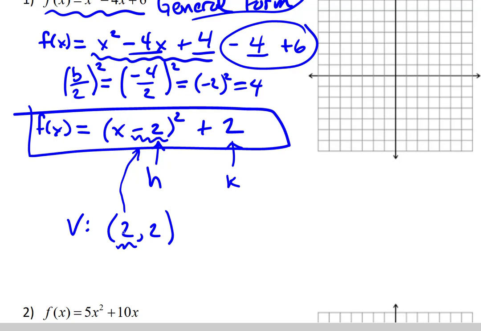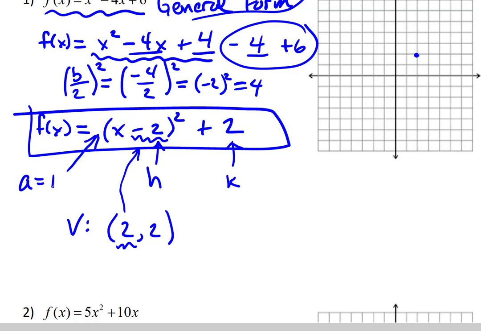Now, as we mentioned above, to plot a parabola, we can start with the vertex. So let's go ahead and plot the point 2 comma 2. Let's also recall that, as our note said, the a value, which is the one in front of the parentheses, notice we don't see anything there in this example. That means that a is actually 1, because a 1 wouldn't show up if it was in front of those parentheses.